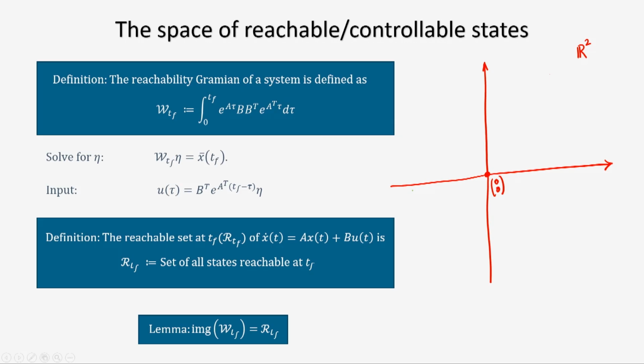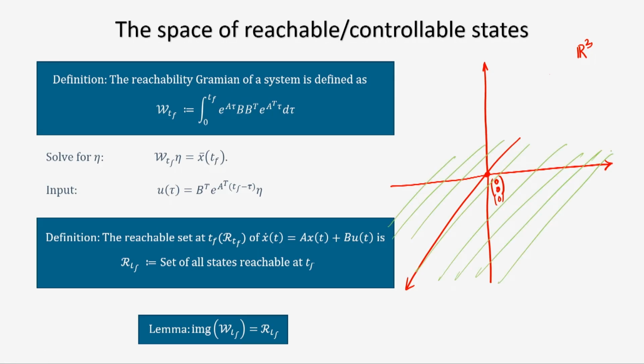So, I might be able to reach maybe only a part of the R2 plane. In 3D if you have to draw this, it will look something like this. Suppose you are in R3, then maybe you will be able to reach only this plane or any other plane which passes through the origin.